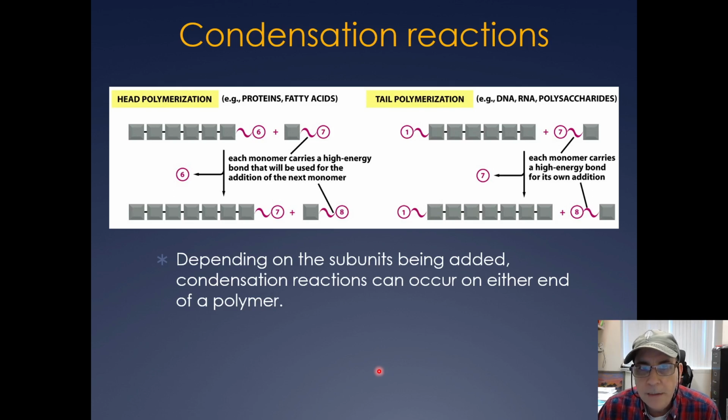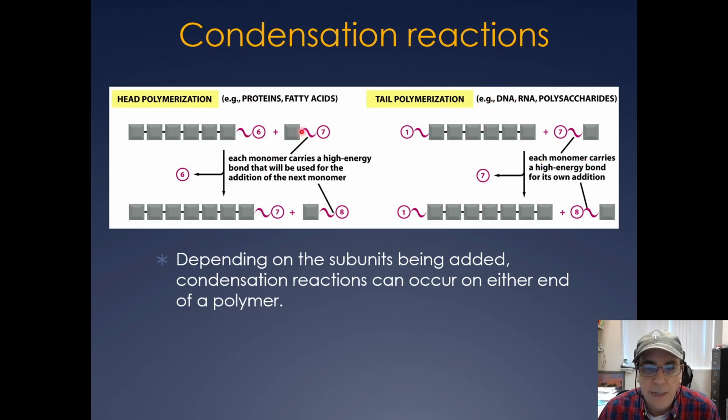So in the case with condensation reactions, you can have either head polymerization or tail polymerization. Head polymerization occurs on proteins and fatty acids, whereas tail polymerization occurs with DNA, RNA, and polysaccharides. And basically it just means where this is being added.